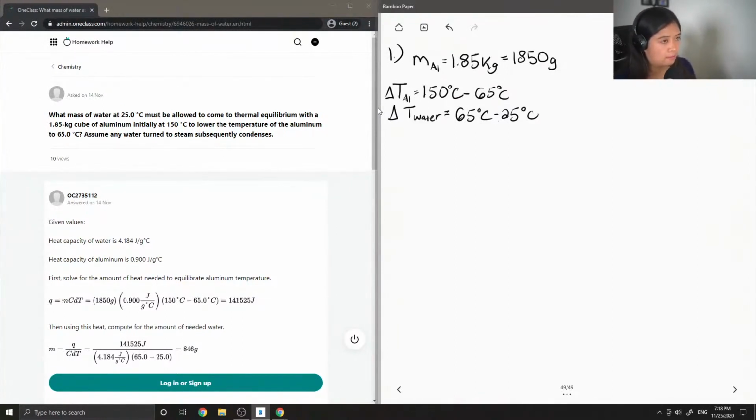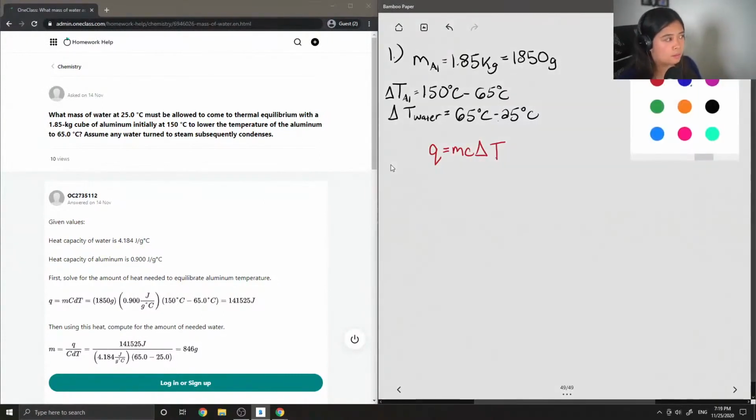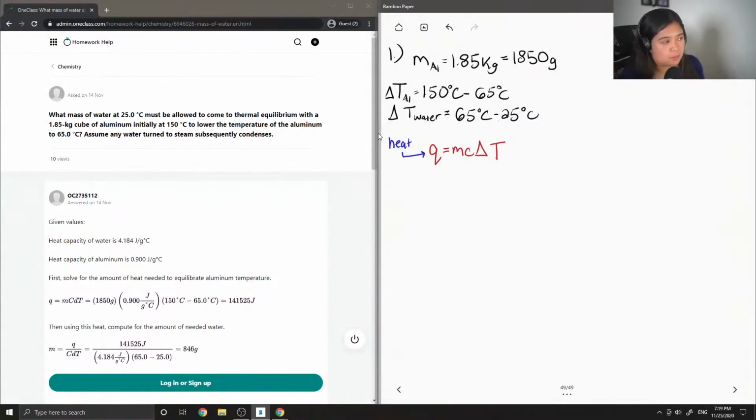So what we also need in this question is something called the specific heat capacity. And we need this because the equation that we are going to use is Q is equal to mc delta T. So Q is heat, and the amount of heat that is given off and that is being used will be the same for both the aluminum and the water.